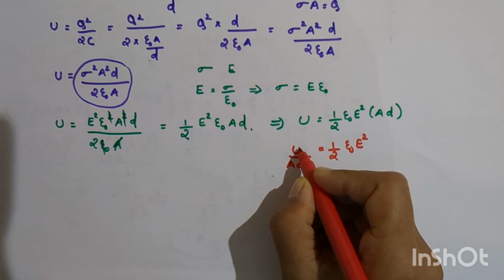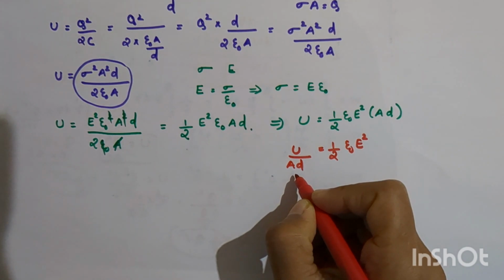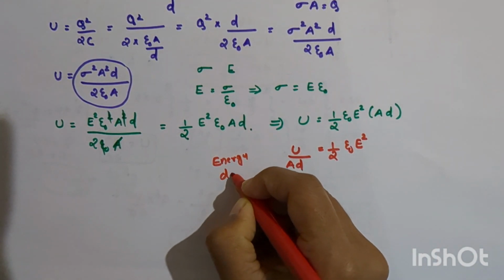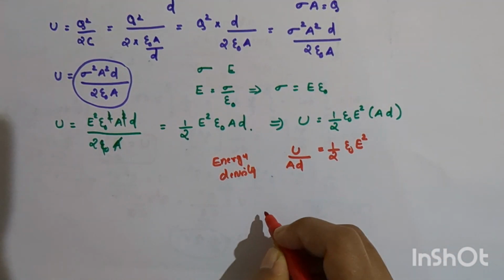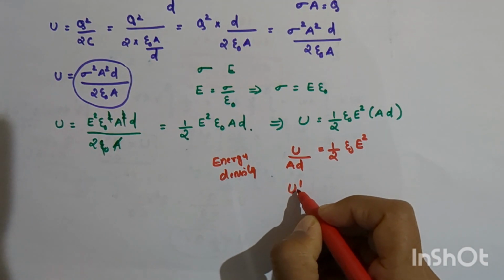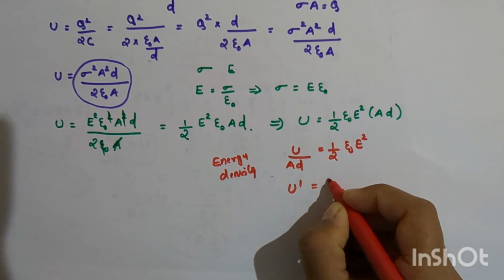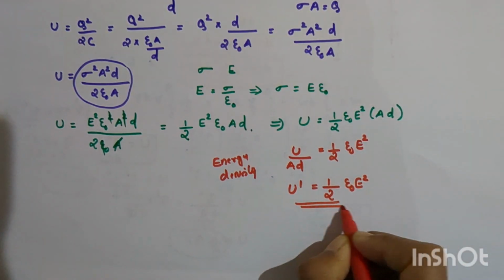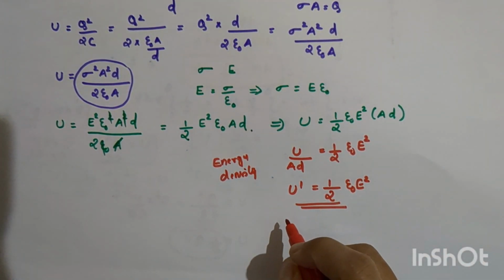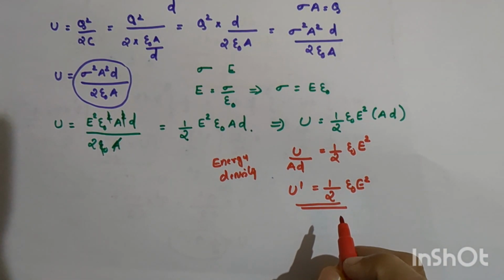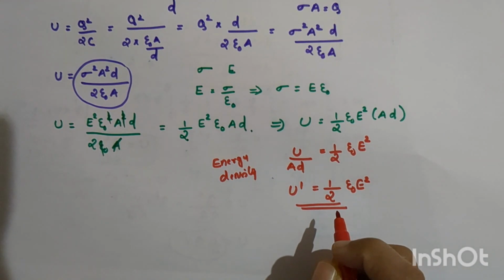So this is energy stored per unit volume of space, which is known as energy density of the electric field, and which is represented with this letter U dash. That is, U by AD can be replaced with U dash, so that energy density is equal to half epsilon 0 E square. So you see, though it is derived for a parallel plate capacitor, it holds good for electric field due to any configuration of charges.